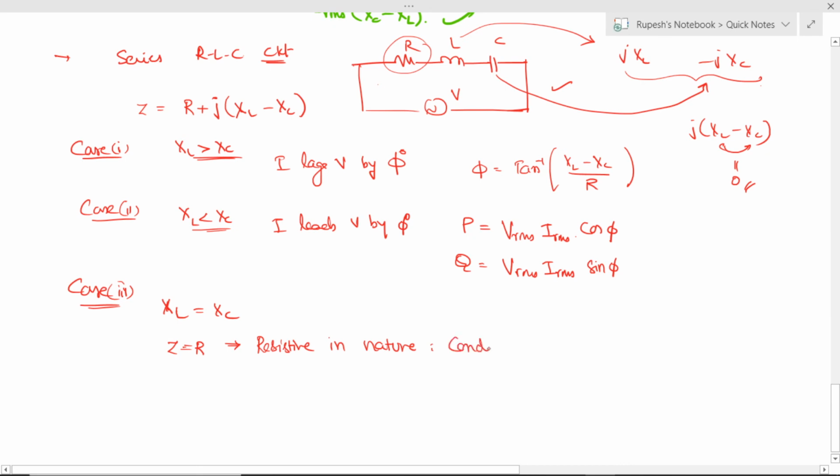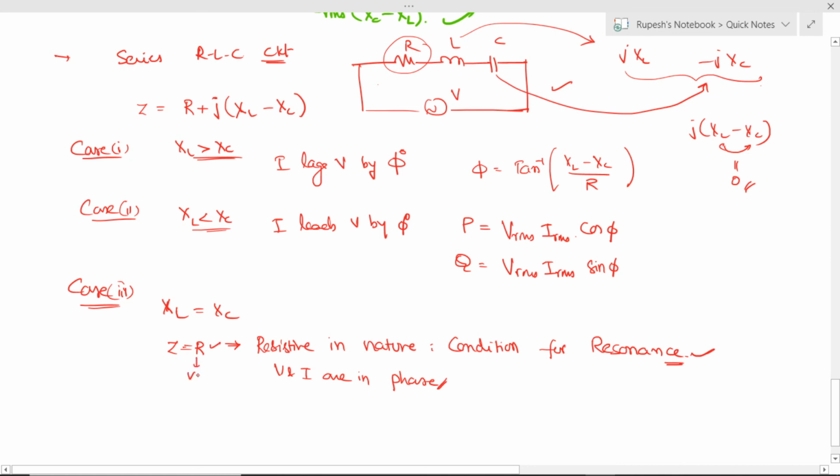And this is the condition for resonance. Resonance is a part of the series RLC circuit. We'll discuss it elaborately in the next session. This is the condition for resonance. In this case, V and I are in phase. Why? Because the effective impedance is only due to the resistance.